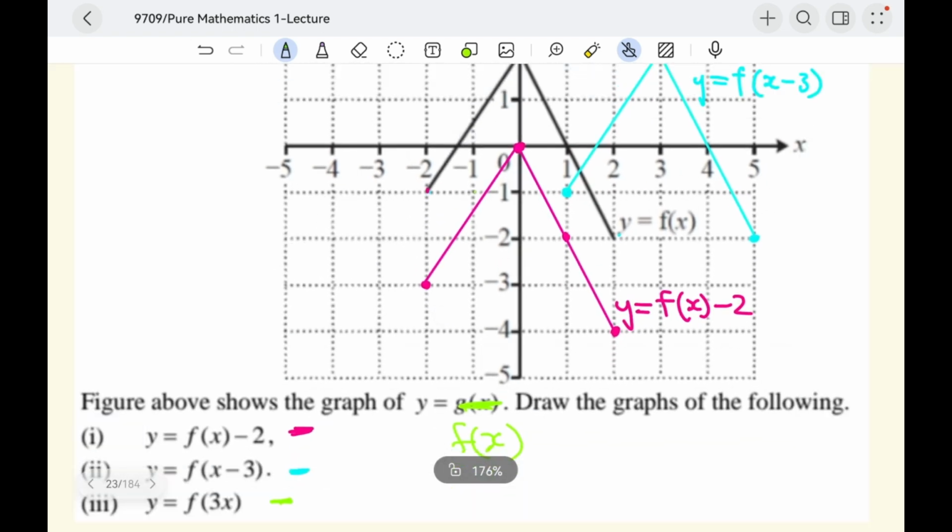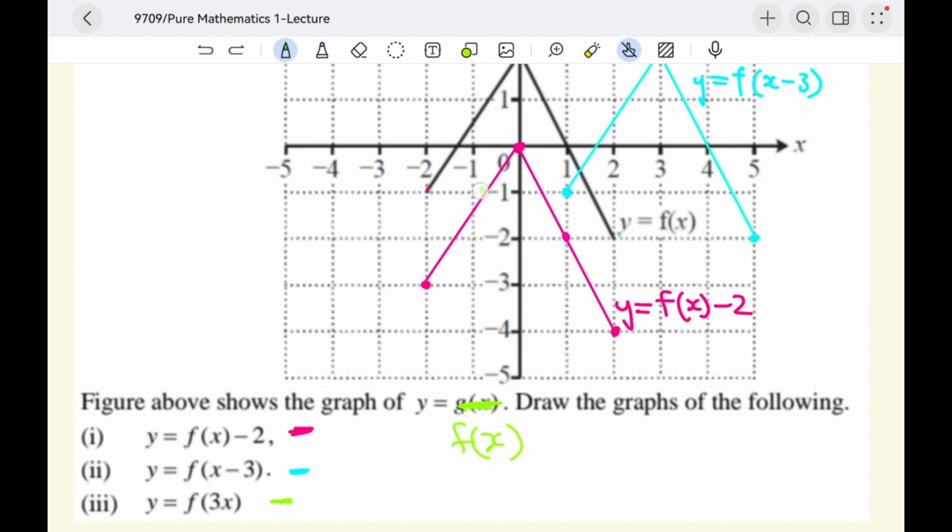For this side, negative 2 will change to negative 2 over 3. Negative 2 over 3 is approximately negative 0.6667. So let me approximate my new position over here.